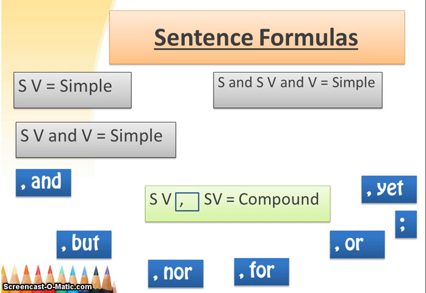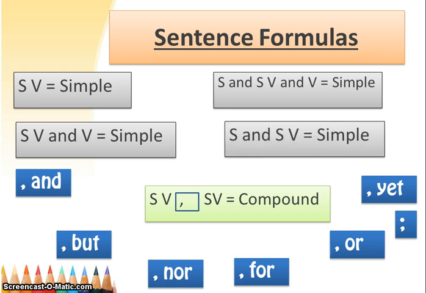Subject, verb, and verb, that's also simple. We've done this before when we've combined our predicates. Tom ran and jumped. Simple sentence. And we have subject and subject, verb. Tom and Jerry ran, still a simple sentence.